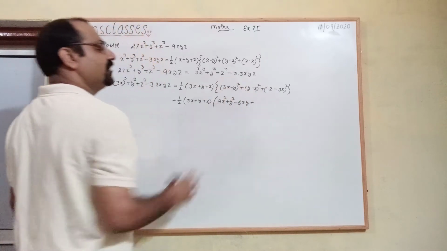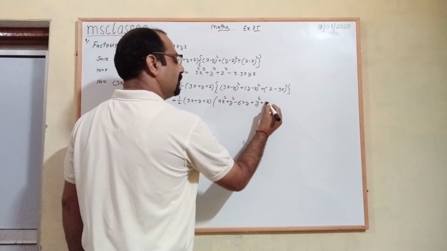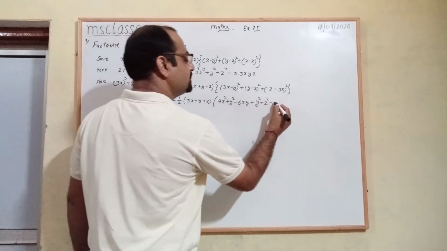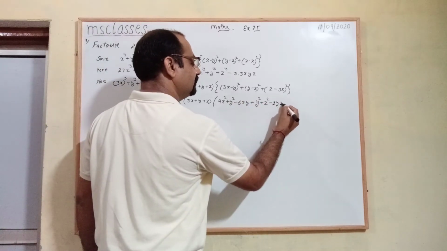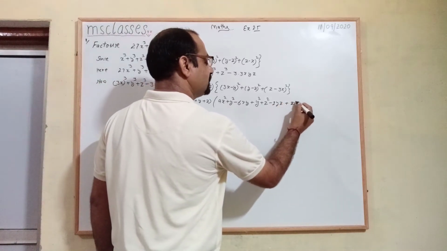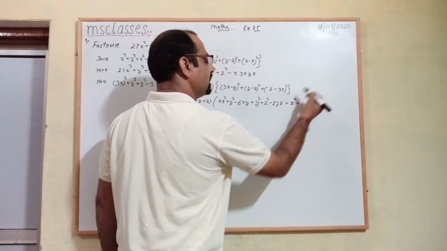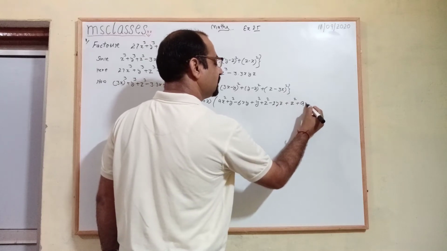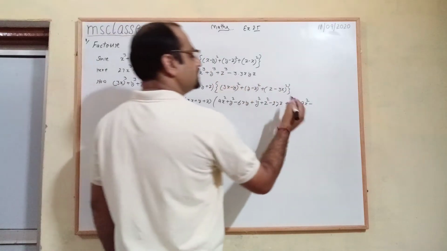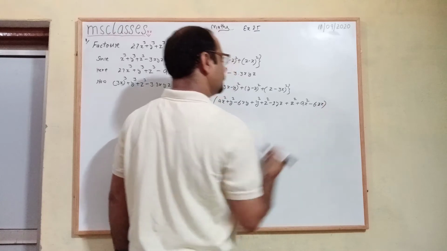Again the second part, y minus z whole square, is equal to y square plus z square minus 2yz, and your third part is z square plus 3x whole square, this is 9x square plus z square minus 6zx.